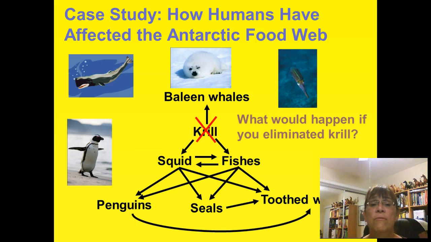If we lost the seals in this food chain, it doesn't really necessarily show that there would be an issue so much. The toothed whales are eating seals, but they're also eating penguins, and they're also eating fish, and they're also eating squid. So not as much of an issue. But pull out the krill, and the food chain comes tumbling down. So this is a keystone species.